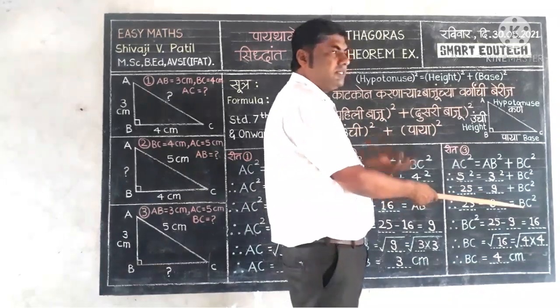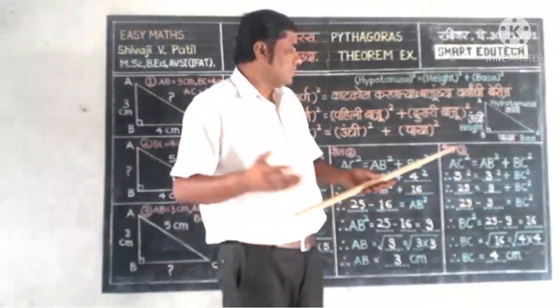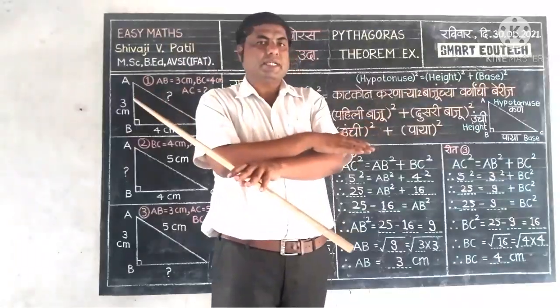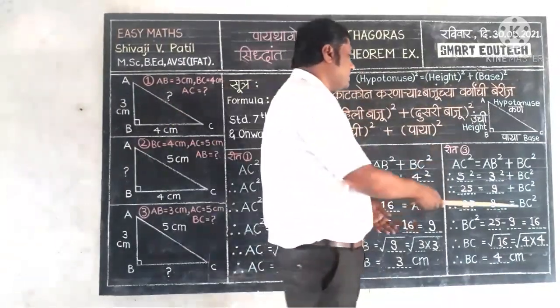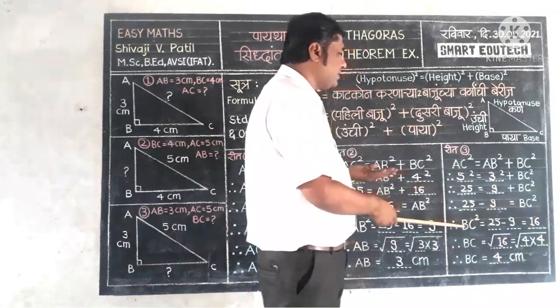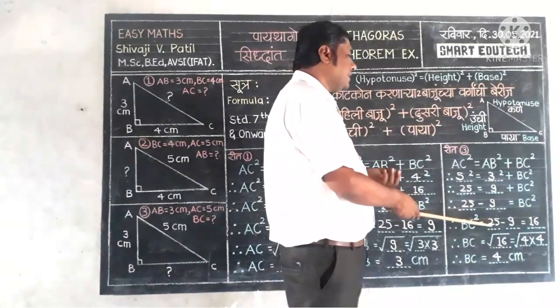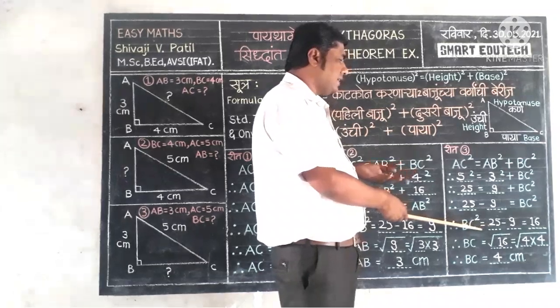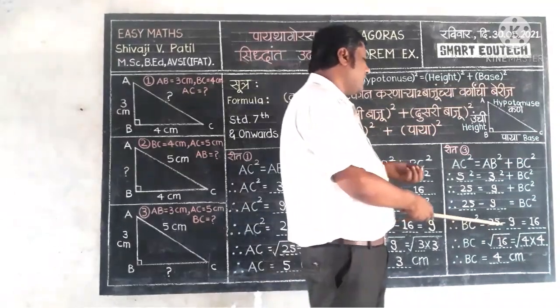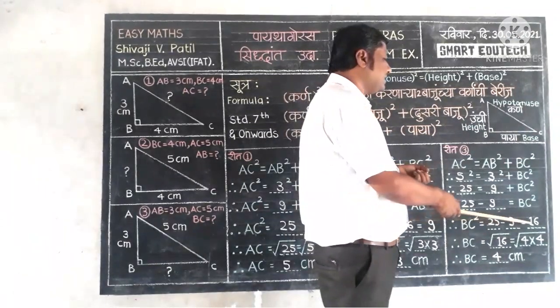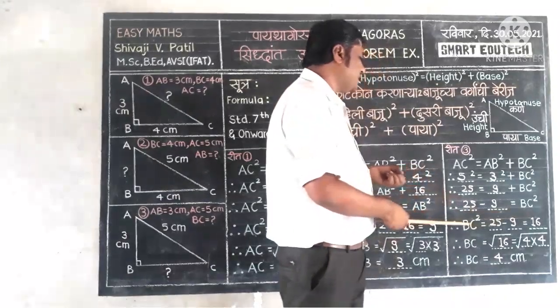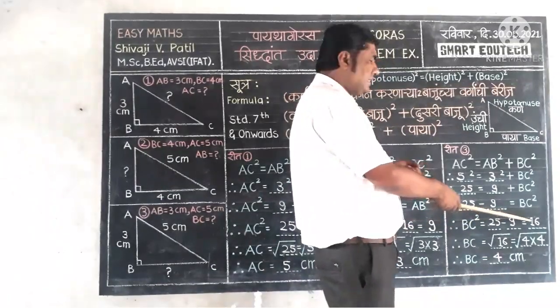So, write here only BC square. Now, change both the sides at a time. So, this BC square which is on the right side, you have to take it on the left side, and 25 minus 9, write it on the right side of the equal sign. So, after subtracting this, we get the answer here 16. So, BC square value we get 16.